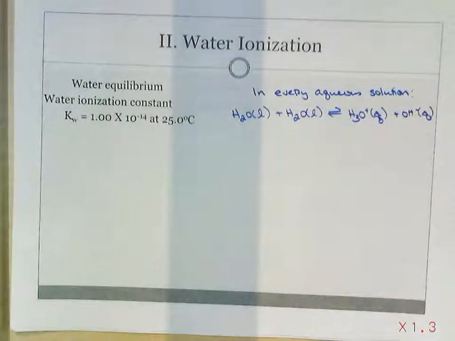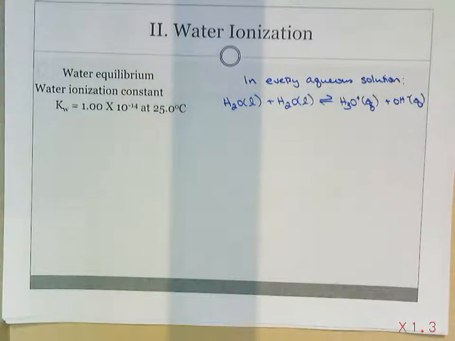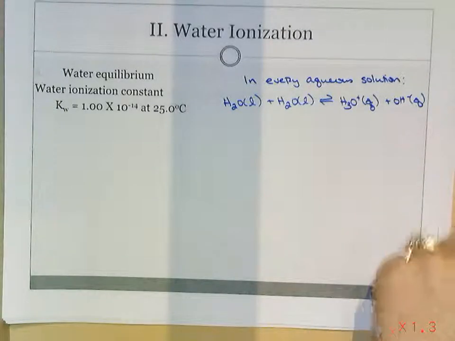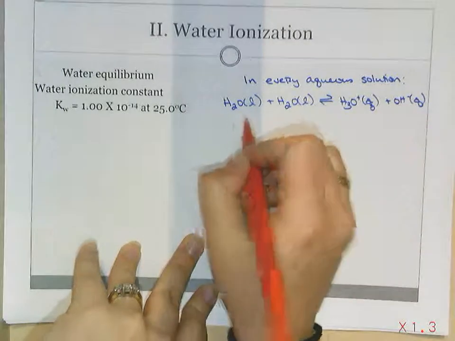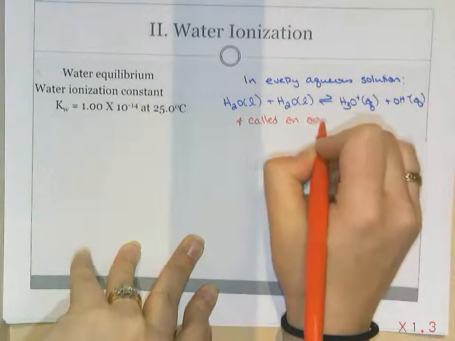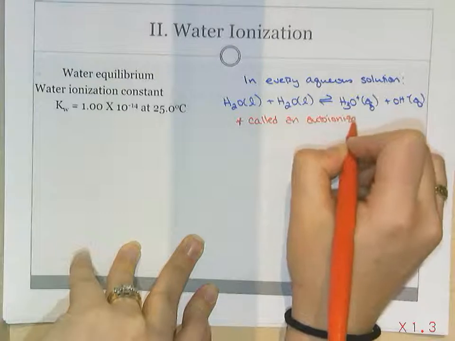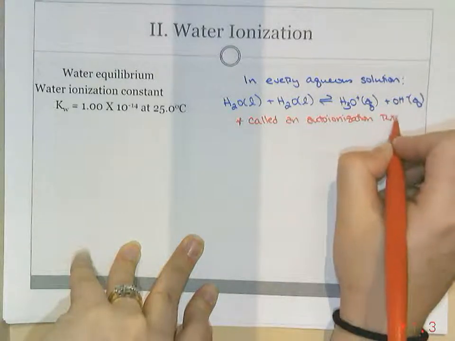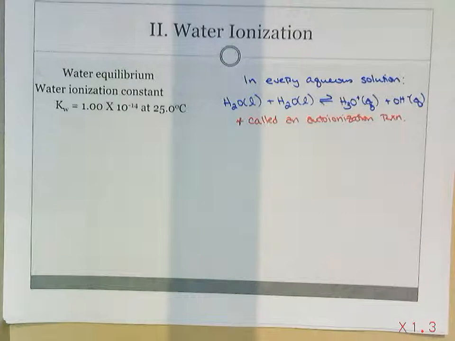So water has the ability to interact with another water and do an acid-base reaction, right? Transfer protons from one water to the other water. Water is constantly doing that. These are called auto-ionization reactions because they are spontaneously becoming ions and then reversing, going back to neutral.